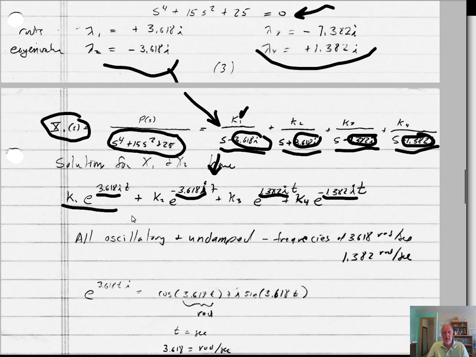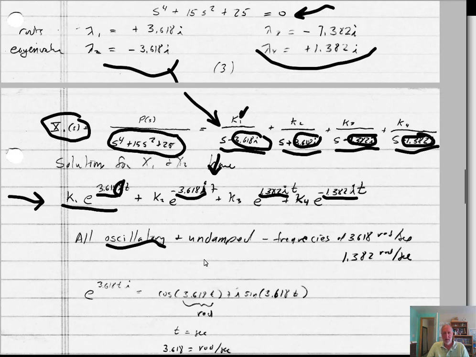So now we look at this and say, what kind of motion do we have with this solution here? We don't even need to find k1, k2, k3, and k4. We can simply say, well, what kind of motion we get. Notice we have e to the some number times i. So this is an imaginary root. And we saw with the previous lecture that if you have an imaginary root, you get oscillatory behavior.